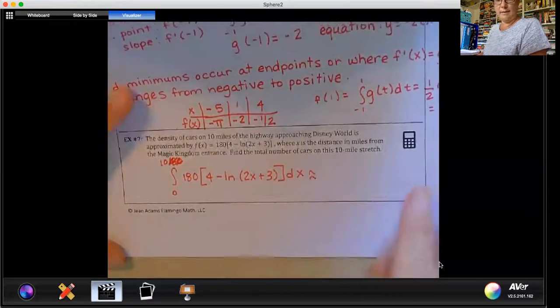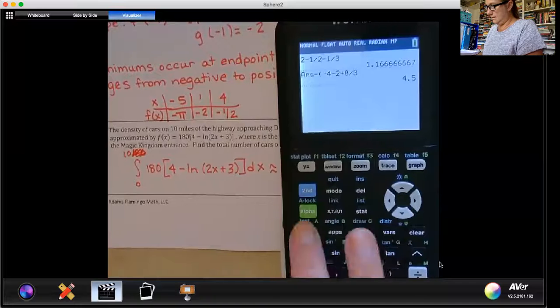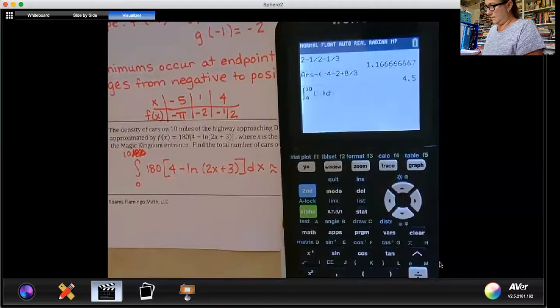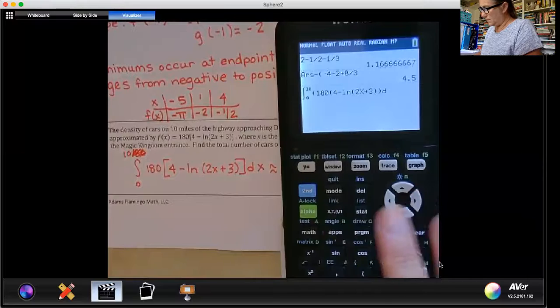And we're going to approximate that because we're going to use our math 9 here: math 9, 0 to 10, 180 times (4 minus ln of (2x plus 3)), and we'll close the parentheses, dx.